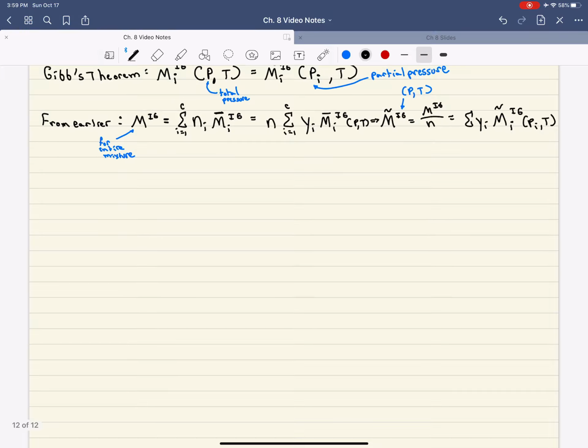But to get a better sense of what these mean or why they're useful, let's look at some specific molar properties for enthalpy and entropy.